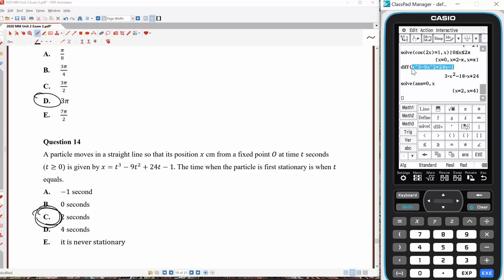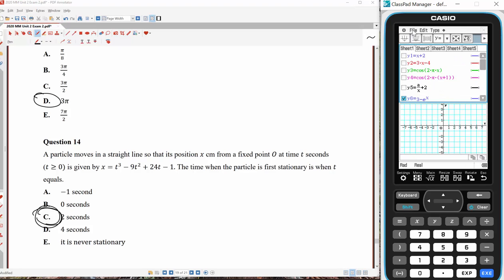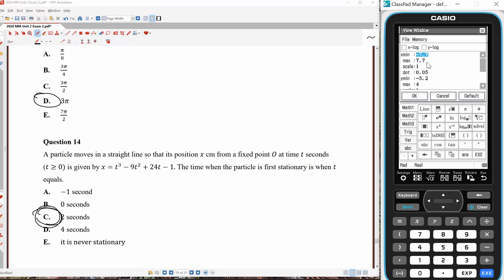Okay, another way to do this one would be to go into your graph and table. That is the problem with graph and tables: if slightly out of domain or something, y min negative 20 to 20, I'm just guessing here.